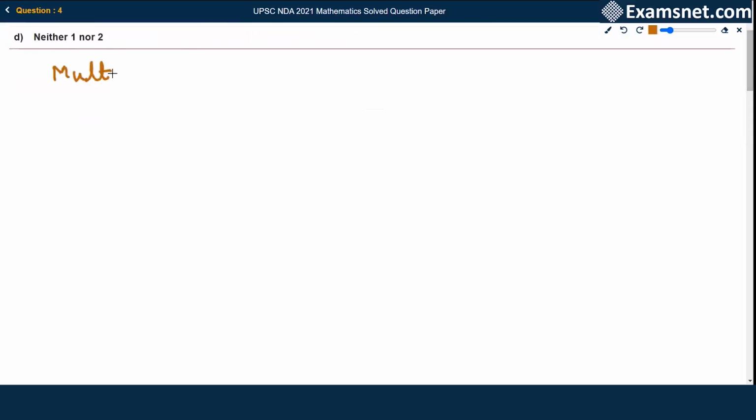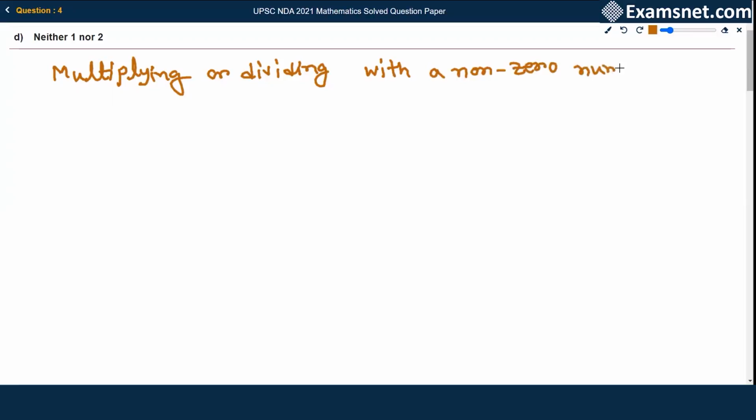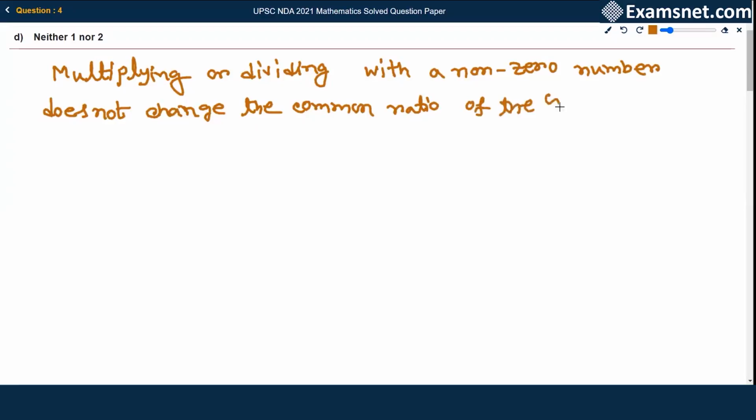Okay, so what I just said, that multiplying or dividing with a non-zero number doesn't change the common ratio of the GP series.